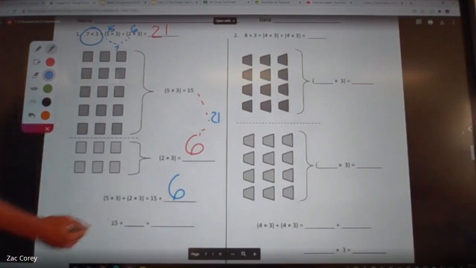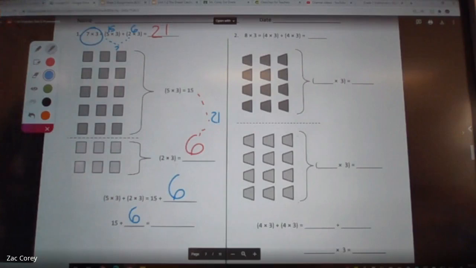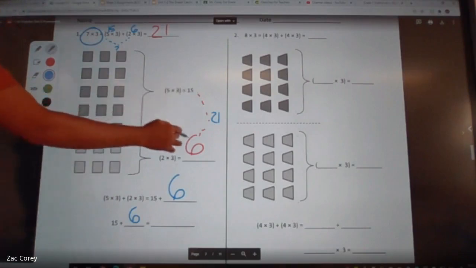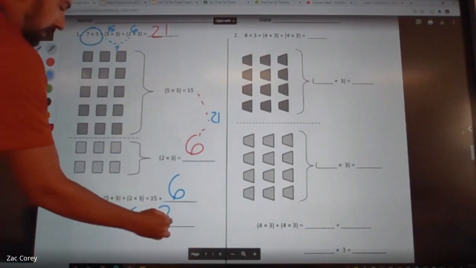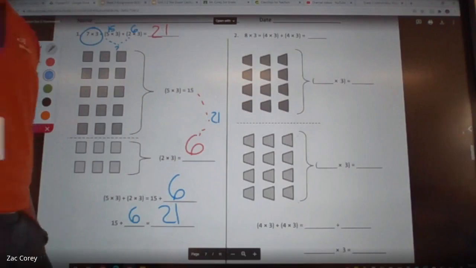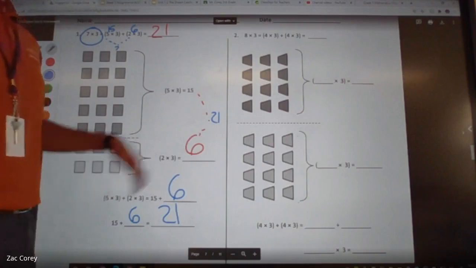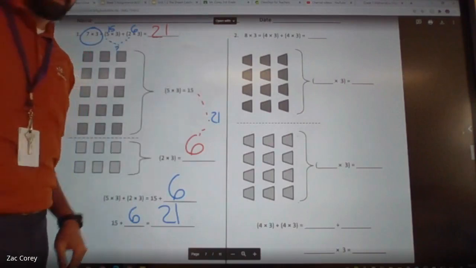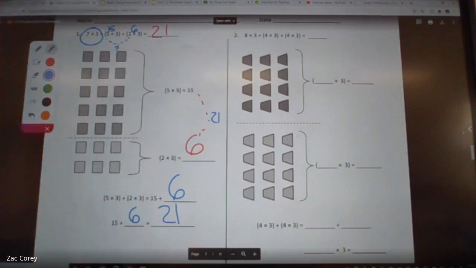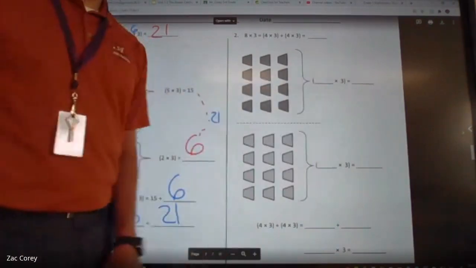So writing it a different way in an addition sentence, 15 plus 6 equals, same thing we did here, 21. All right, you might be thinking to yourself, whoa, I don't know what's happening here. We're going to do it again over here, and hopefully it'll make a little bit more sense. So for now, let's skip the top part because I think that's the most confusing, and we'll go in reverse order, okay?